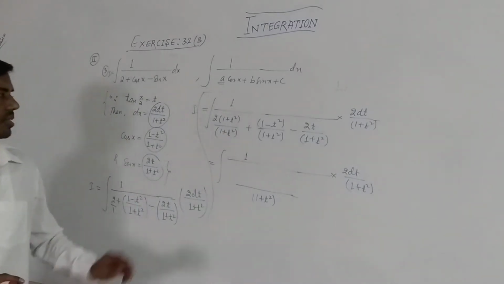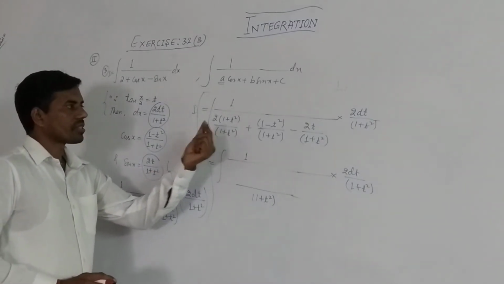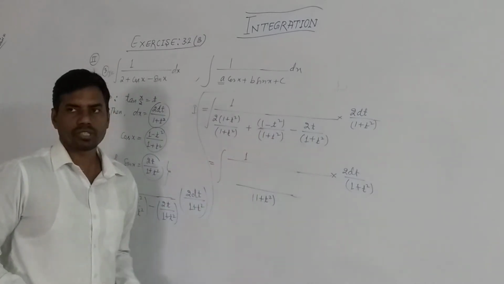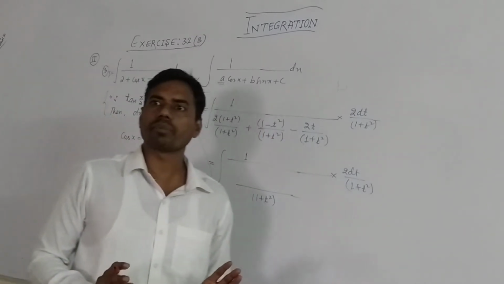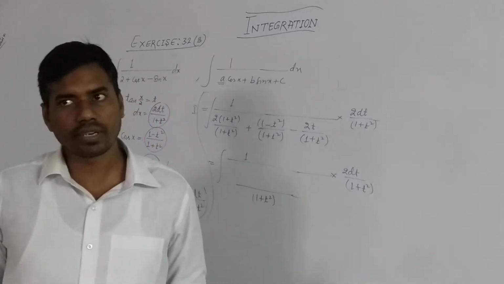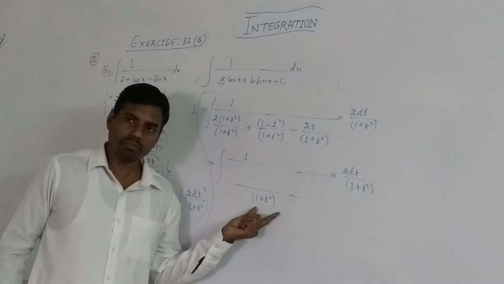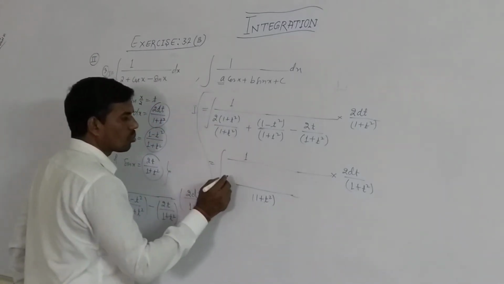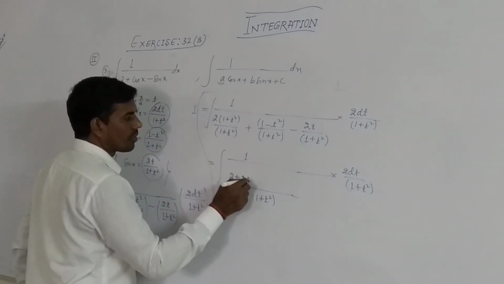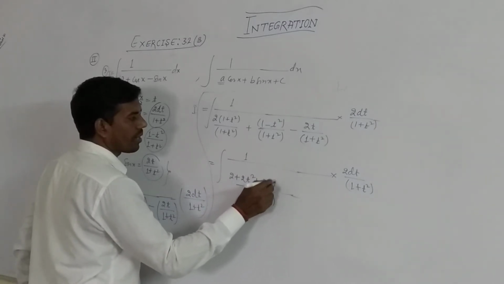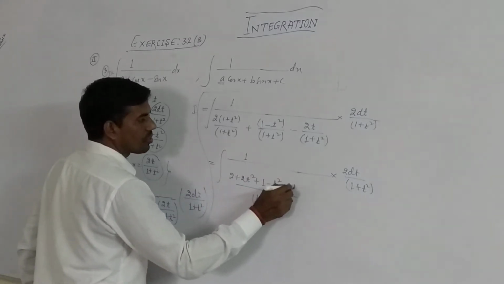After simplification, the LCM is 1 plus t square. There are 3 fractions, all having the same denominator, so we can write 1 times the LCM. The remaining terms are 2 plus 2t square plus 1 minus t square minus 2t.